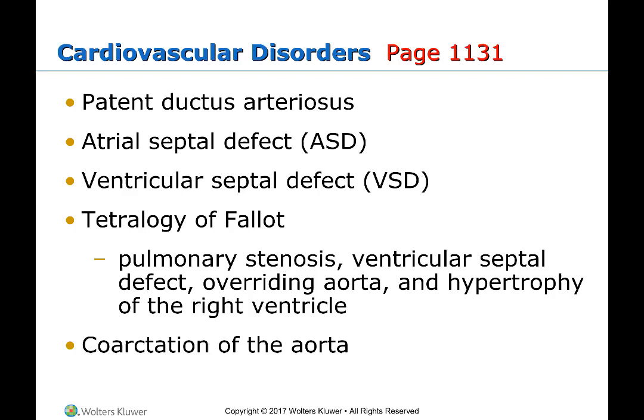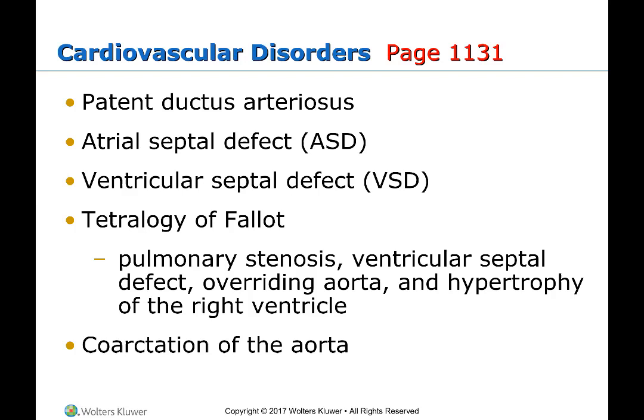So they always listen for heart murmurs on a newborn to see if there is something that they can hear. They always look for color. And of course, they're always checking for respirations and any problems with that.